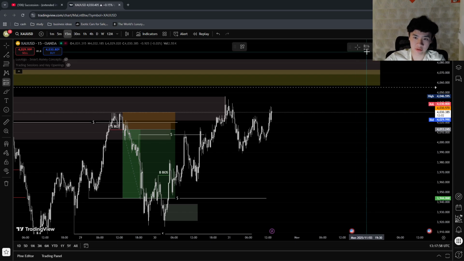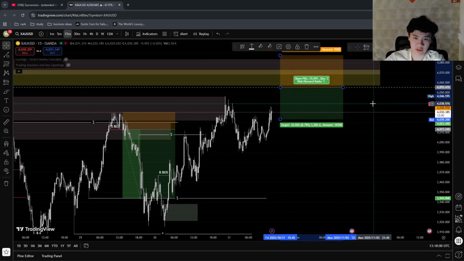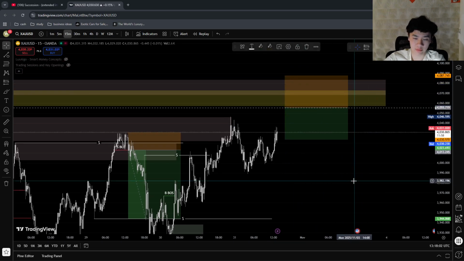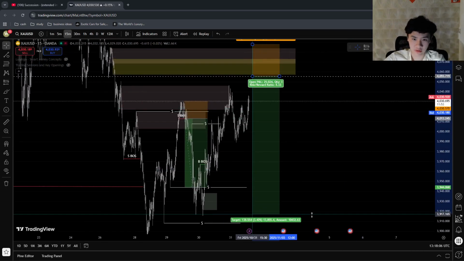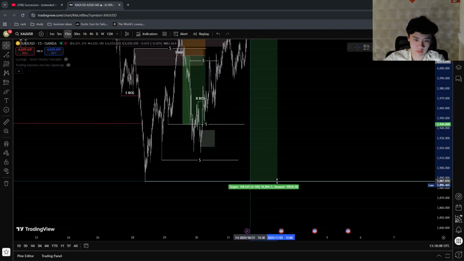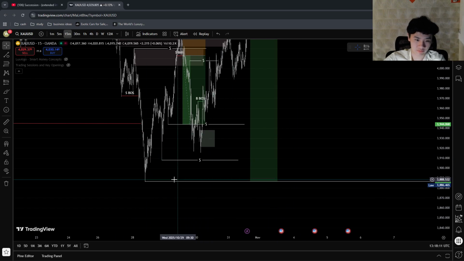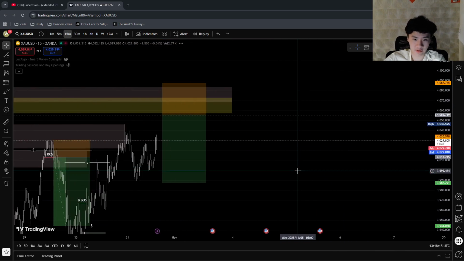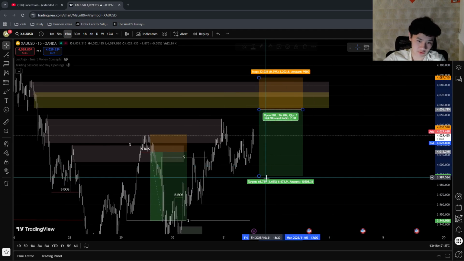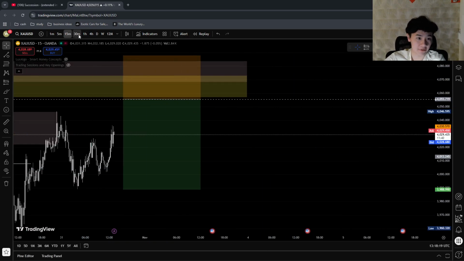If I were shorting these zones, I would probably be interested in this internal. We could be a little conservative and target these for a nice 1 to 2. That's also a perfect trade that I would definitely take.